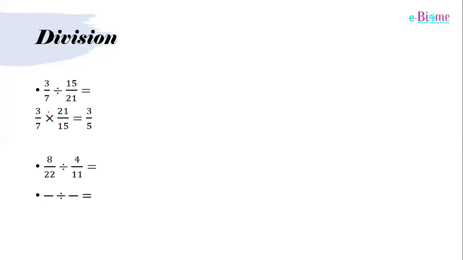And that is how we do division for fractions. So we have 3 over 7 divided by 15 over 21. We keep the 3 over 7, and then we multiply by 21 over 15 instead.